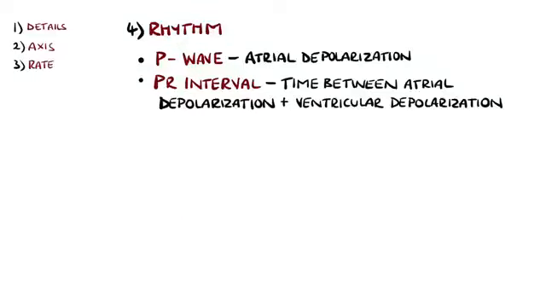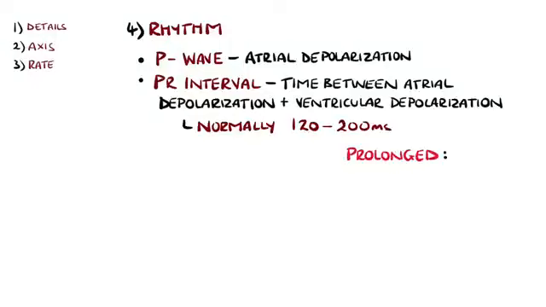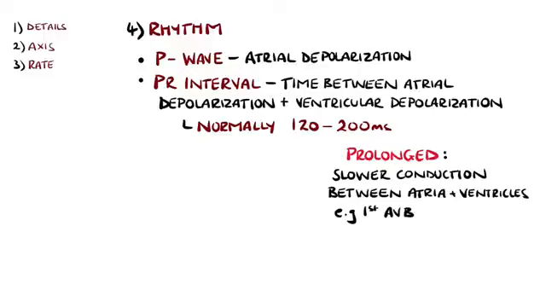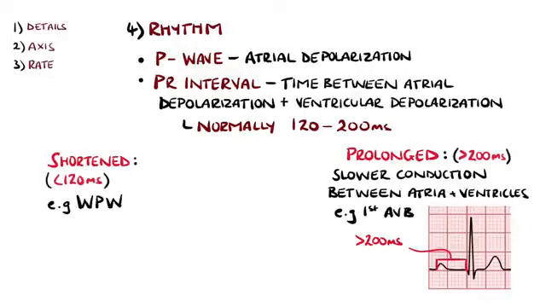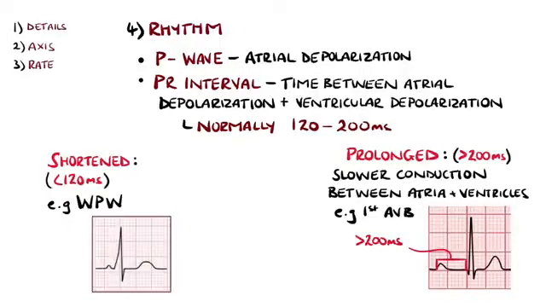Its normal duration is between 120 and 200 milliseconds. A prolongation indicates slowing of the conduction between the atria and ventricles, for example a first-degree AV block. A shortening may suggest a condition with an accessory pathway, like Wolff-Parkinson-White. A variable PR interval suggests other forms of atrioventricular blocks.